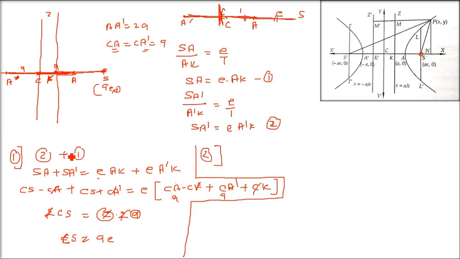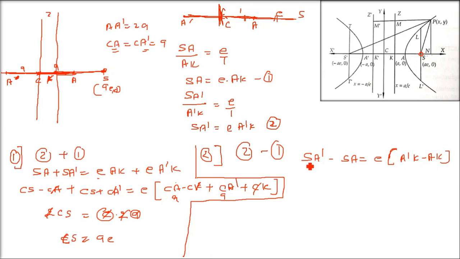So the second thing I'm going to do is to subtract these two equations. I had 1 and 2. So I will subtract 1 from 2, that means 2 minus 1 I'm going to do. What are we going to get? SA dash minus SA equals e, take e common, and here you get A dash K minus AK.